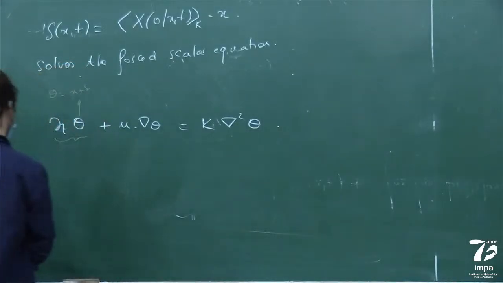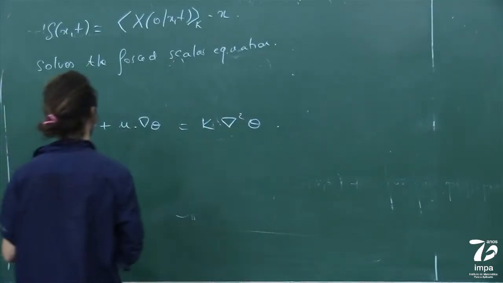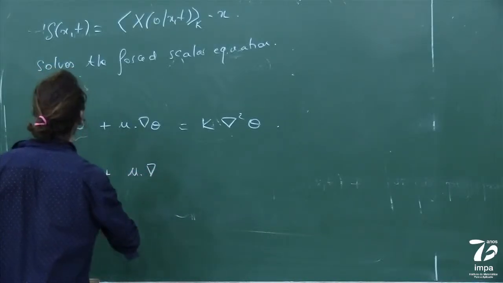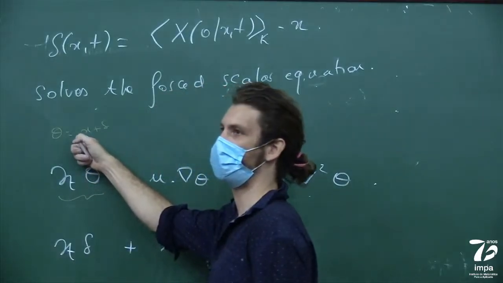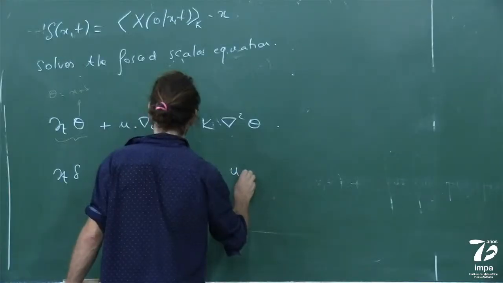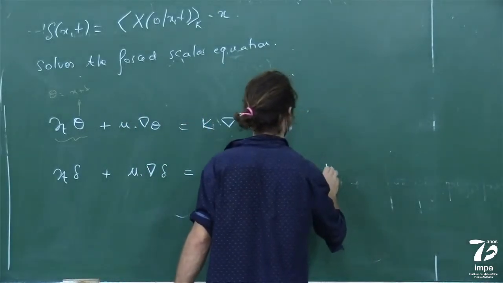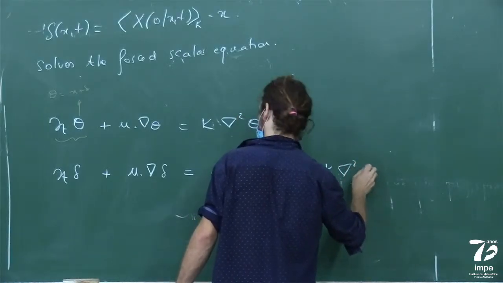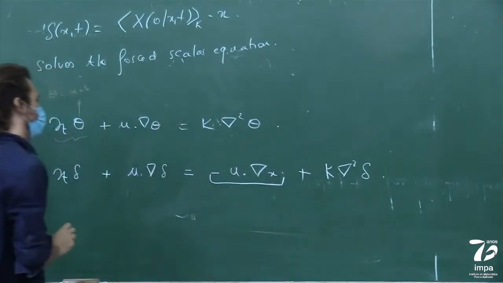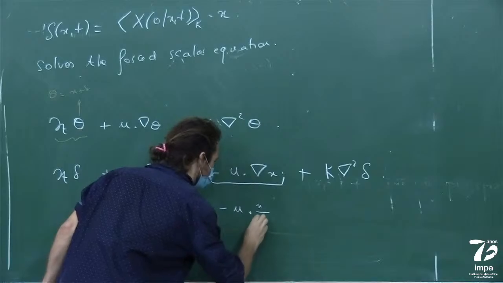Then we get that d_t of delta plus u grad delta, picking up a contribution from delta, and then a contribution from x that I put on the other side, is equal to kappa Laplacian delta minus u in the direction of x.